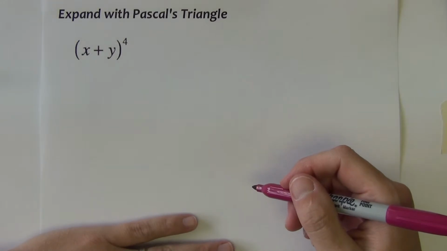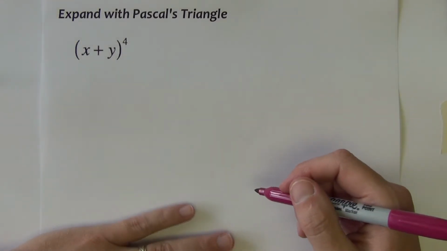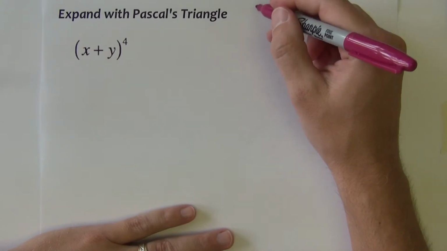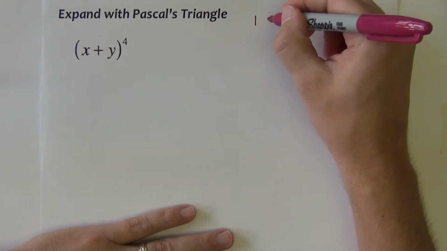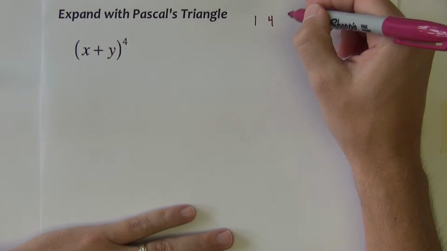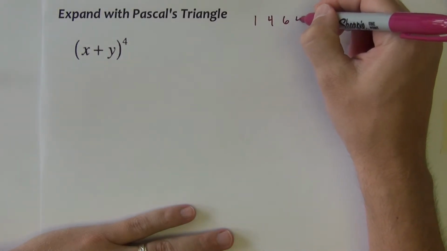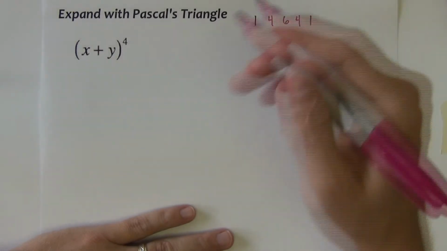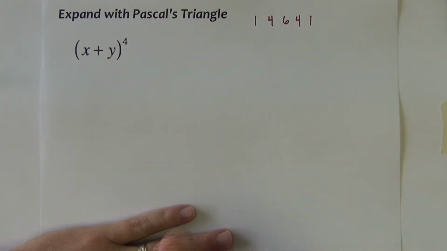Alright, the problem says x plus y to the 4th. 4th power, look at the 4th powered row and you find the numbers 1, 4, 6, 4, and 1. Okay, those are the numbers that we're going to use. Now, here's how we do it.